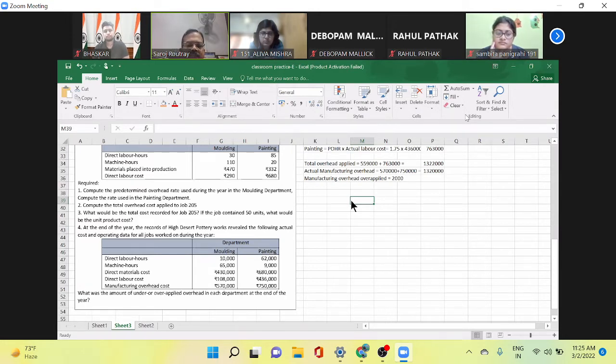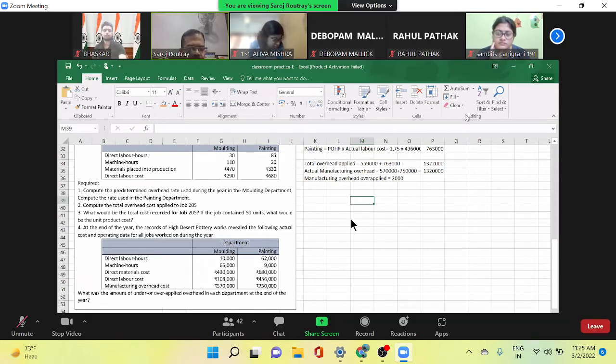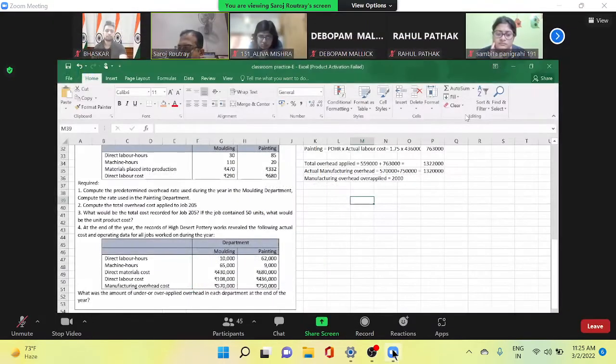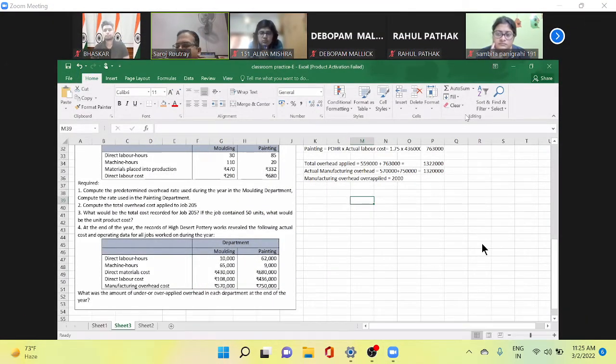So some of the goods will remain in the work in progress stage, but there also we would have applied manufacturing overhead. All the goods we don't sell, so not all finished goods will convert to cost of goods sold. Some of the goods will be lying with us as finished goods inventory, and there also we have incurred the manufacturing overhead. So applying manufacturing overhead will have its impact on work in progress, finished goods, and cost of goods sold.